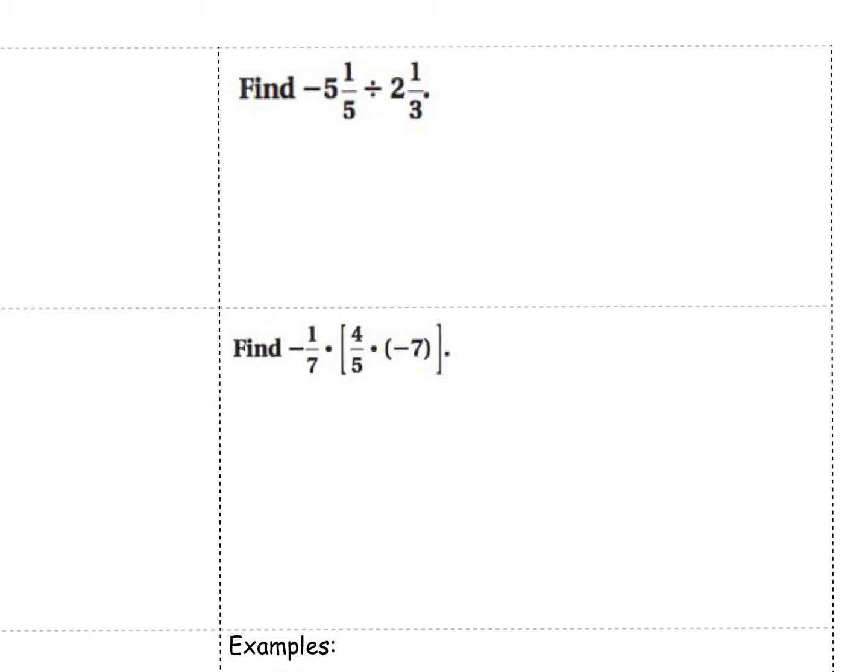Moving on, another division problem. I know right away KCF. But before I can keep, change, flip, we cannot have a mixed number. So we need to make them improper. I use that C method to do so.